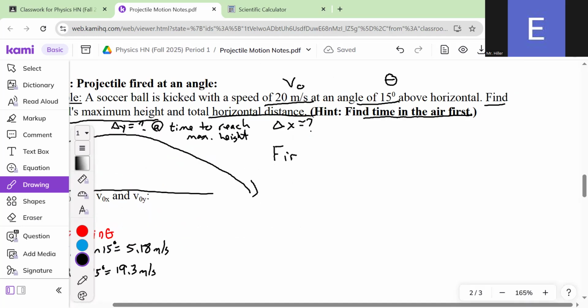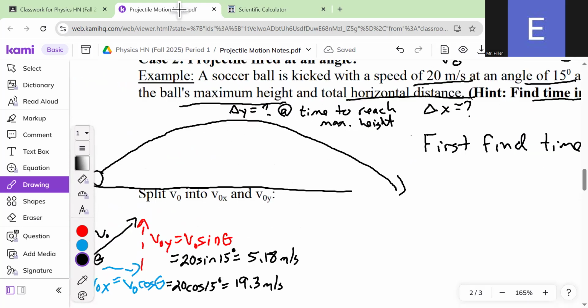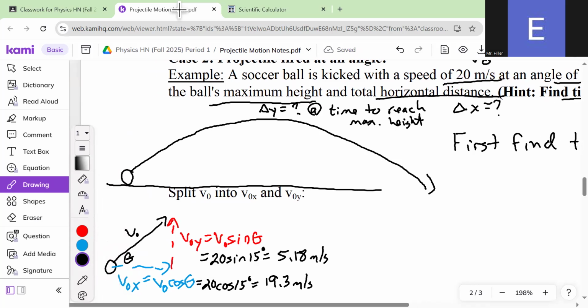So first, find time to reach the top. Now, at the top, we know that the vertical velocity is equal to 0. Why? Because the vertical velocity starts off very high. That's your initial vertical velocity.